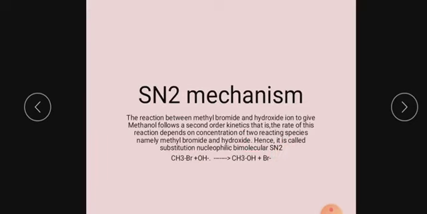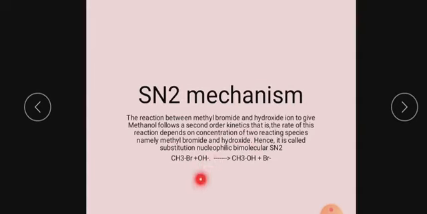In this reaction, there is a reaction between methyl bromide, that is CH3Br, and hydroxide ion, OH minus. This reaction follows second order kinetics, that is, the rate of this reaction depends on the concentration of both methyl bromide and hydroxide.